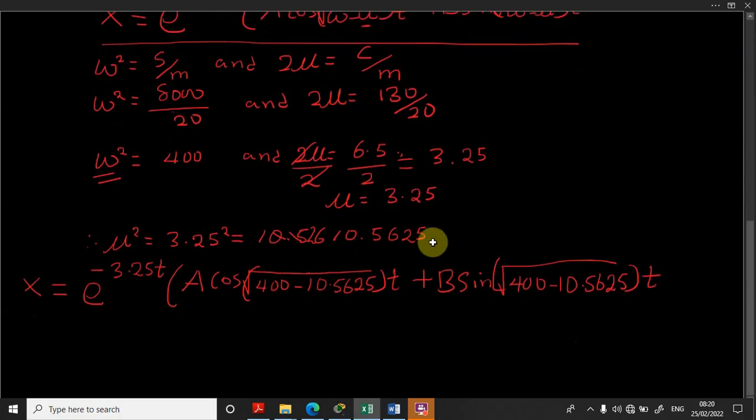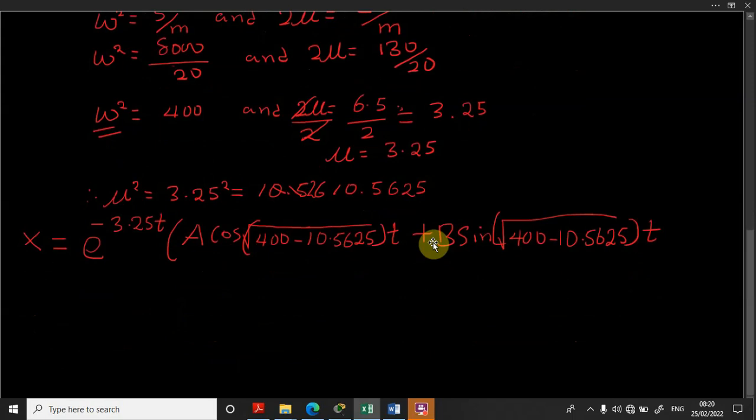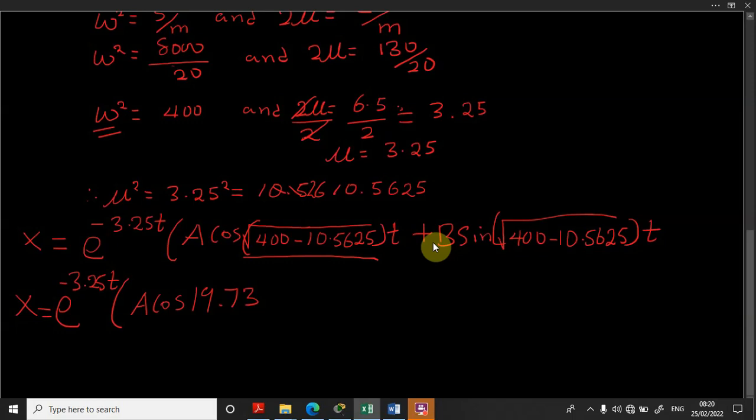Right. With this, we can further reduce it as x equal e raised to the power minus 3.25t in the bracket a cos, now square root of 400 minus 10.5625 should give you 19.73, then plus b sine 19.73 t.